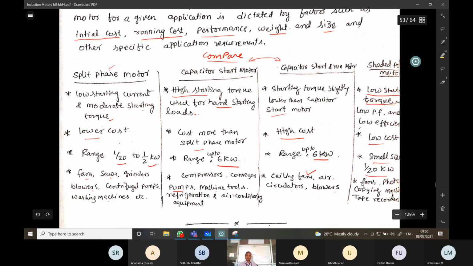The shaded pole motor can be used for small fans, photocopying machines, tape recorders, etc. These are the performance and cost comparisons of all the types of single phase induction motor. So this completes the single phase induction motor chapter. Next class we will discuss the other special type of motor, which comes under the fifth module.